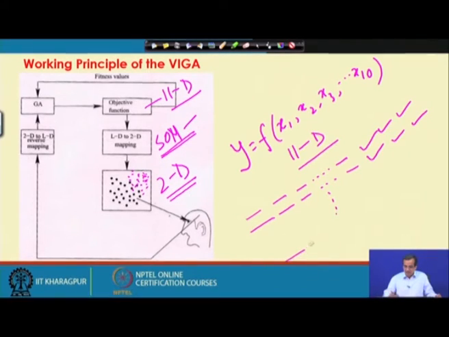Similarly, I have got a huge amount of data, so this is higher dimension, this is the lower dimension. It will maintain one huge table and this table will be stored automatically inside the program of self organizing map. So, it will remember this LD to 2D, that is higher dimension to lower dimension mapping.